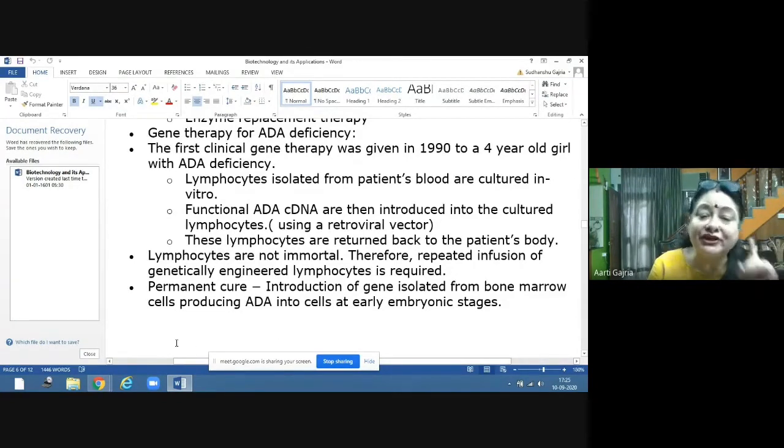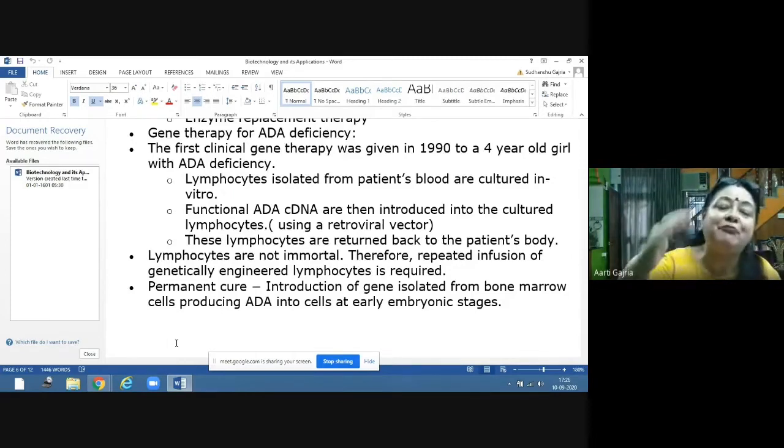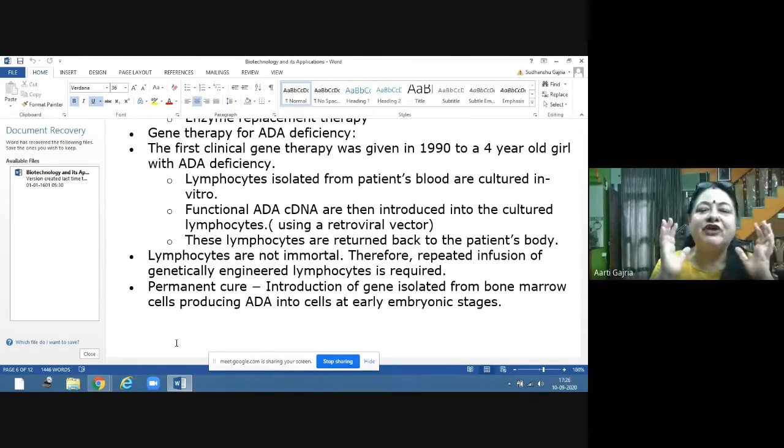So what is the permanent cure? The permanent cure is that if we can introduce this gene from the bone marrow cells producing ADA into the cells at the early embryonic stages. Early embryonic stages means, suppose, in the zygote, or when the embryo is at the 2-cell or 4-cell stage.